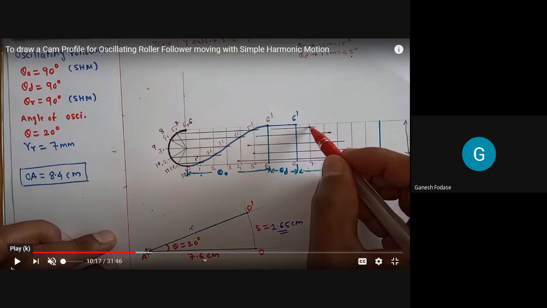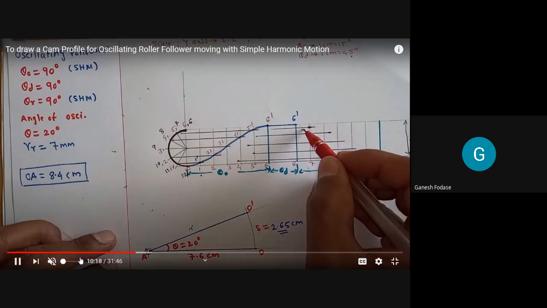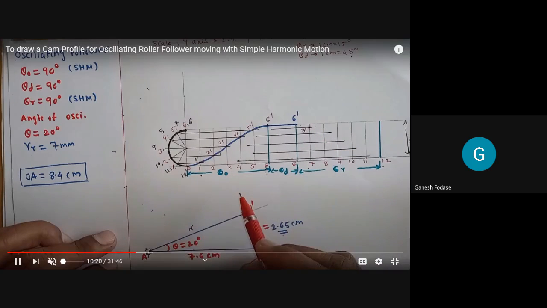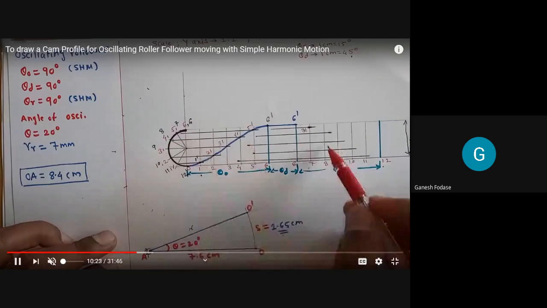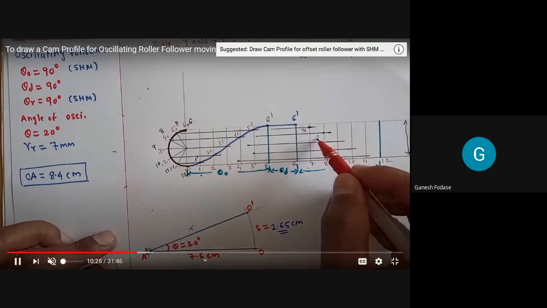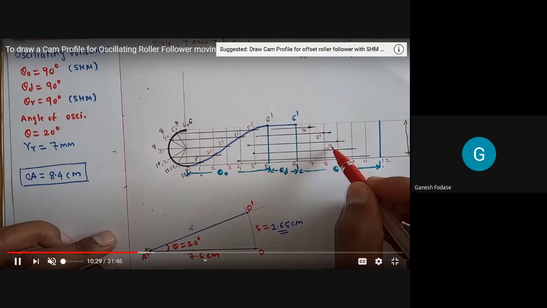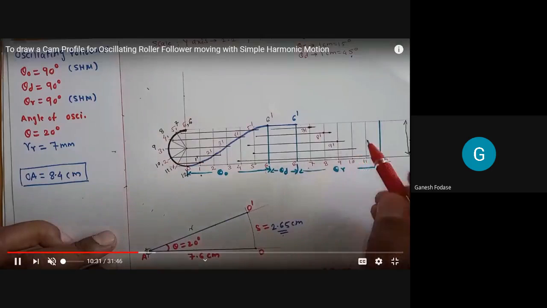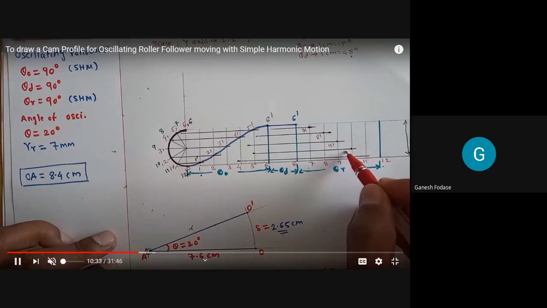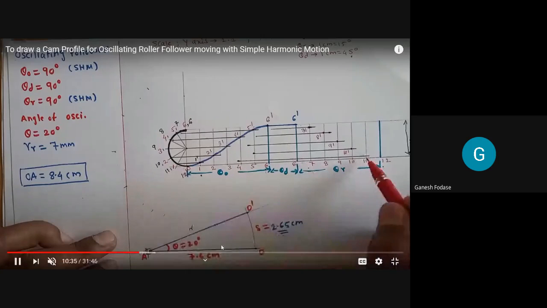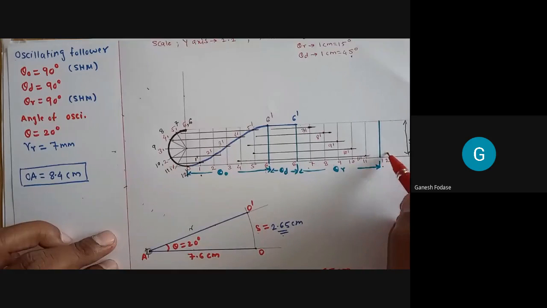Likewise we can now mark 7 dash, 8 dash, 9 dash, 10 dash, 11 dash, and finally 12 dash.